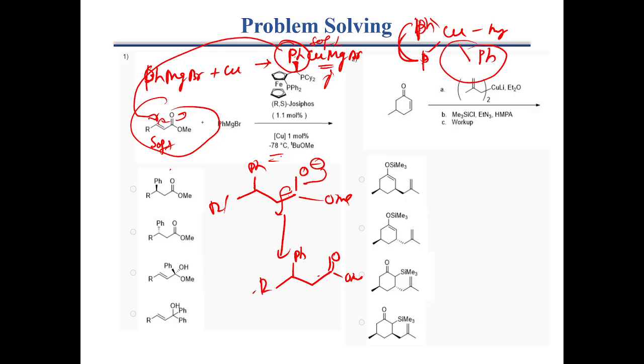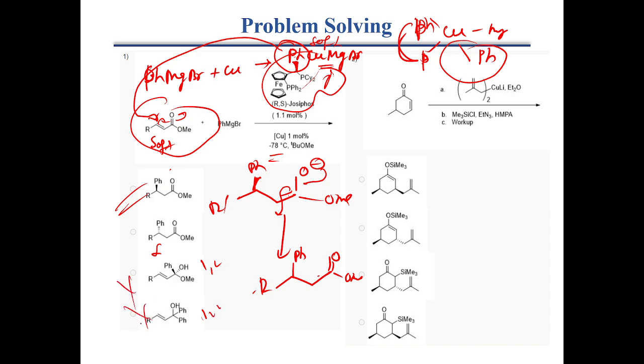That's why we get the beta as the major product. As this methyl is in the beta orientation, the 1,4 attack should happen from the beta orientation, because copper undergoes a ligand exchange reaction with this chiral ligand. So the right answer will be the first one. This is the alpha, so this does not happen. This is a 1,2 attack, both of which are not possible.